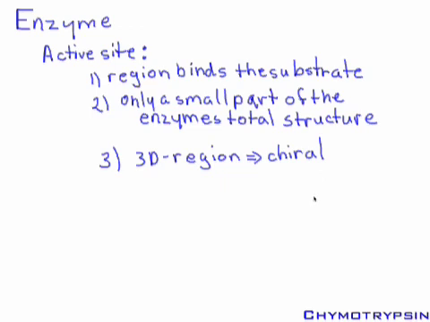Now, one of the most studied enzymes is chymotrypsin. We looked at chymotrypsin in amino acids. It cleaves to the right of aromatic rings found in certain amino acids, such as tyrosine, tryptophan, and phenylalanine. It has over 200 amino acid residues.